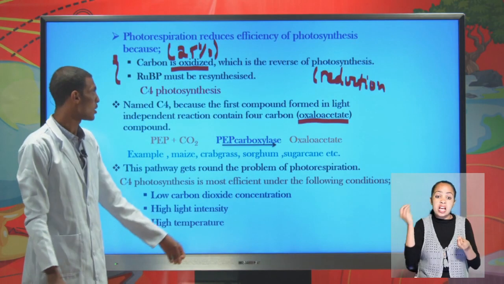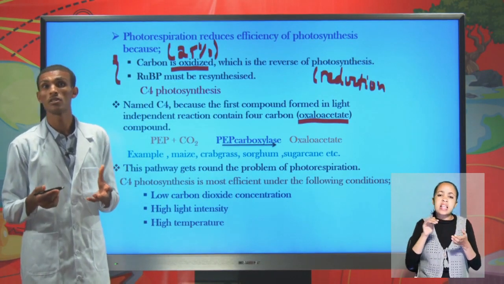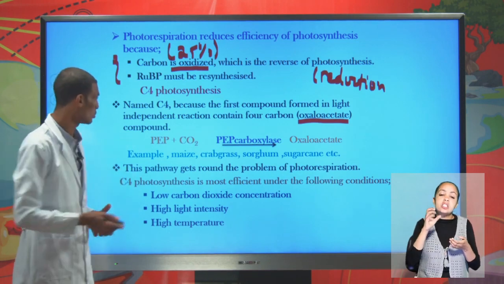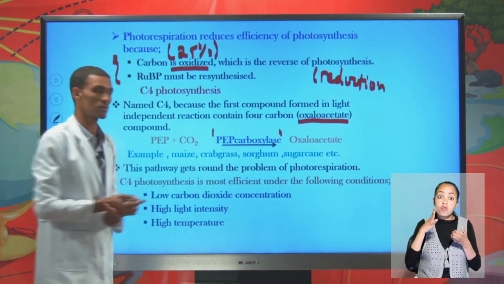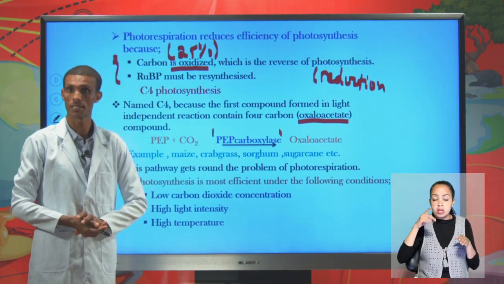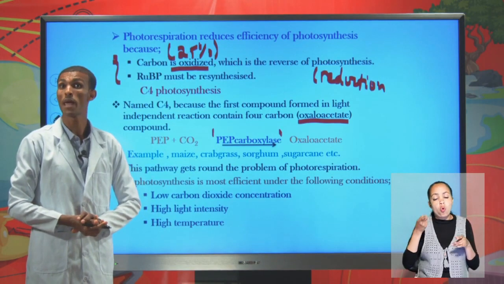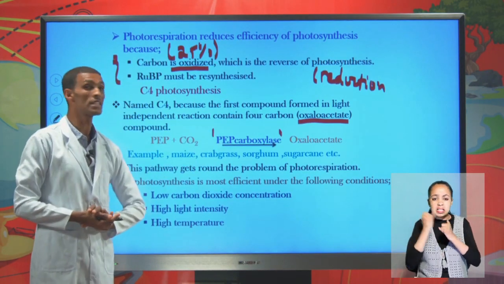In addition, we have seen there is an enzyme that catalyzes C3 photosynthesis. Here too, there is an enzyme that catalyzes C4 photosynthesis, which we call phosphoenolpyruvate carboxylase, or PEP carboxylase. As a result, the reaction is enzyme controlled.